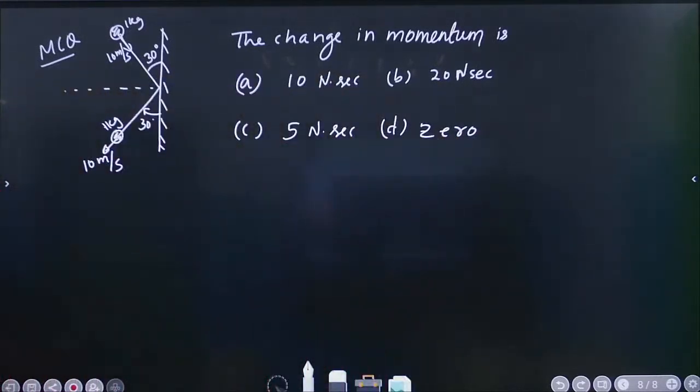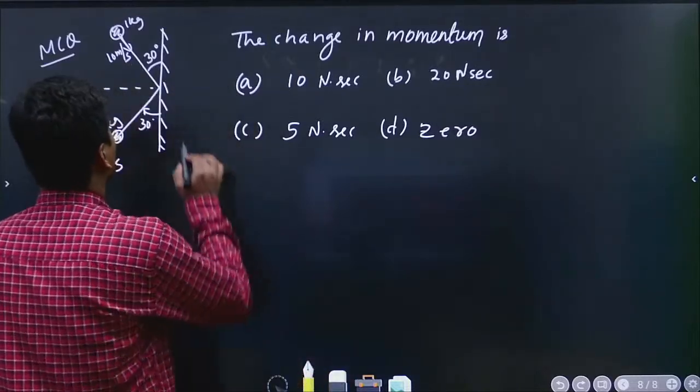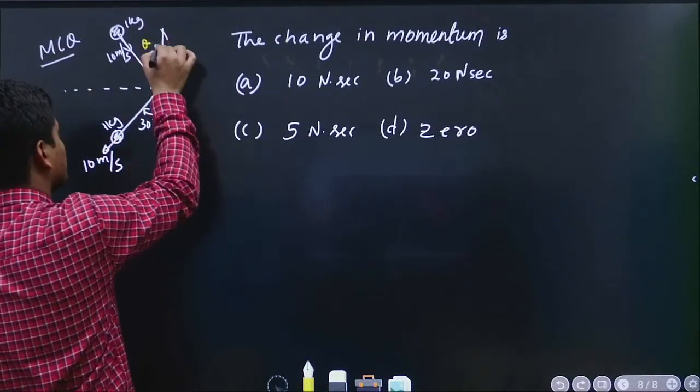So try to understand here. Here the angle is 30 degree, this theta is 30 degree, and this theta is given.